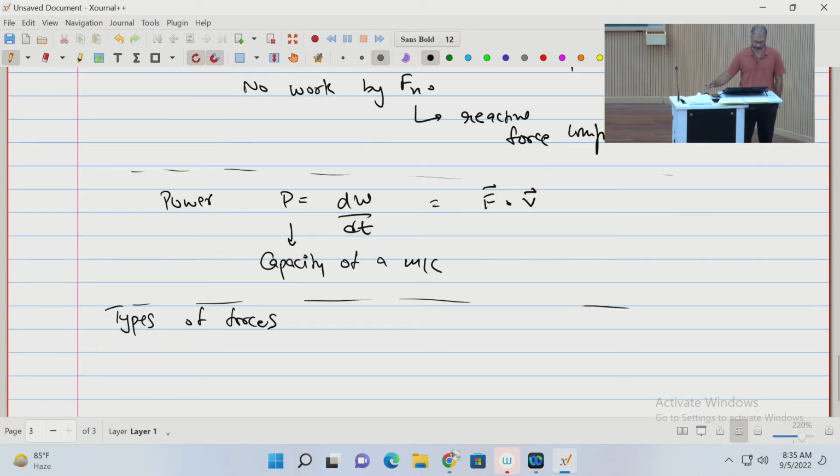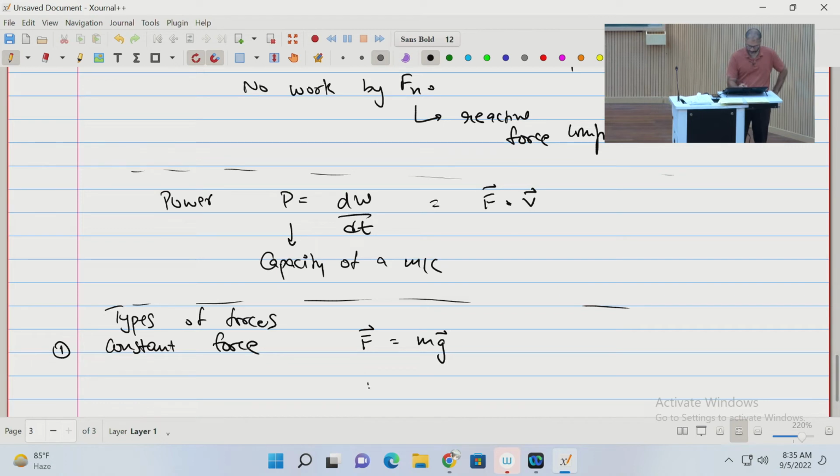We can have a constant force. An example would be mg. mg is constant for a given mass. We don't go too far away from the surface of Earth.